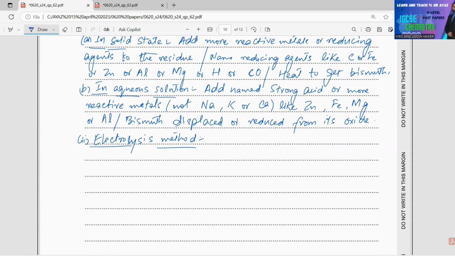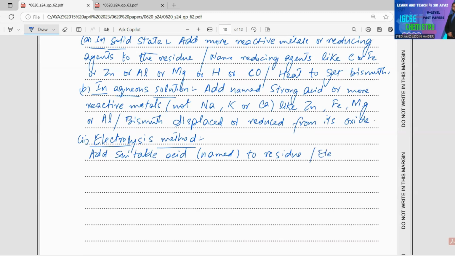You have to add a suitably named acid to the residue. Next step, electrolysis of the solution.